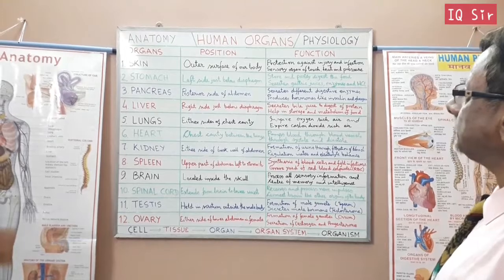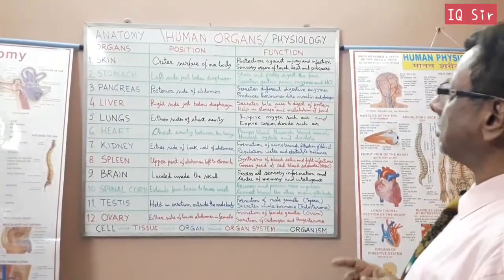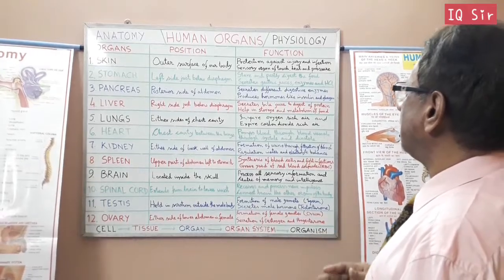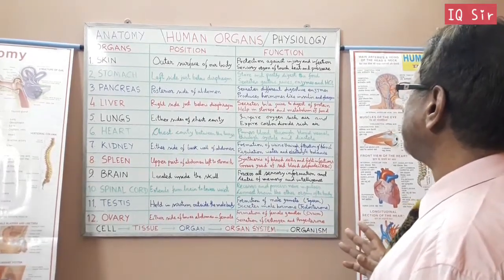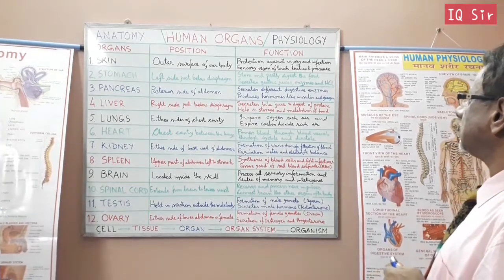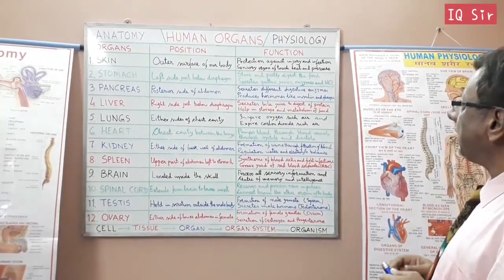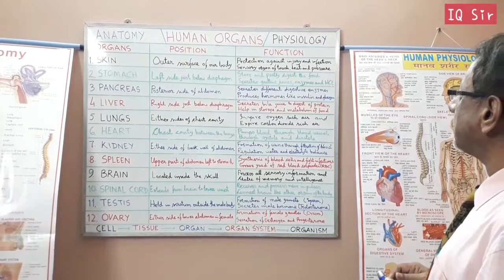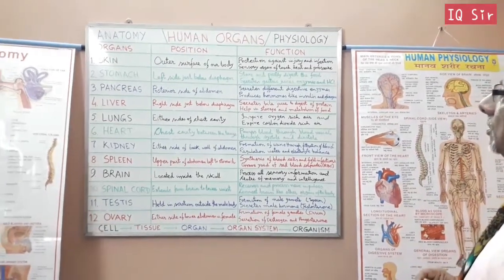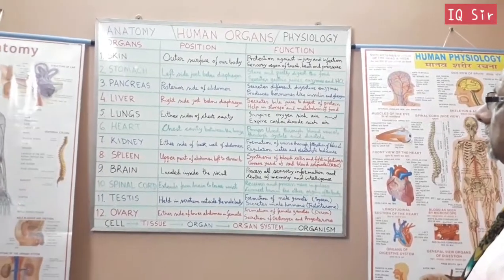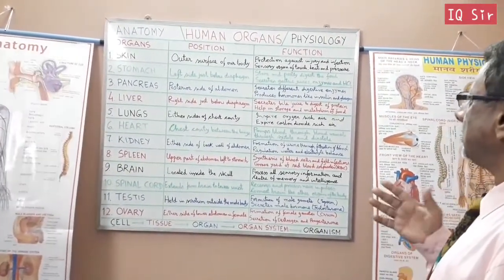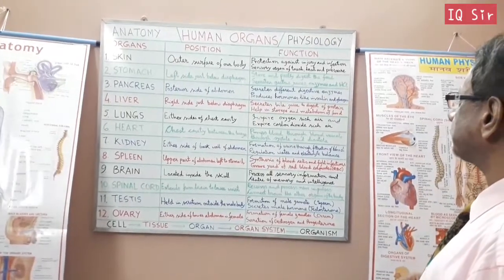So first of all, let's talk about the skin. The skin is located on the outer surface of the body. The function is protection against injury and infection, as we know already, and it is also a sensory organ for touch, heat and pressure. Now the stomach is located on the left side, just below the diaphragm.